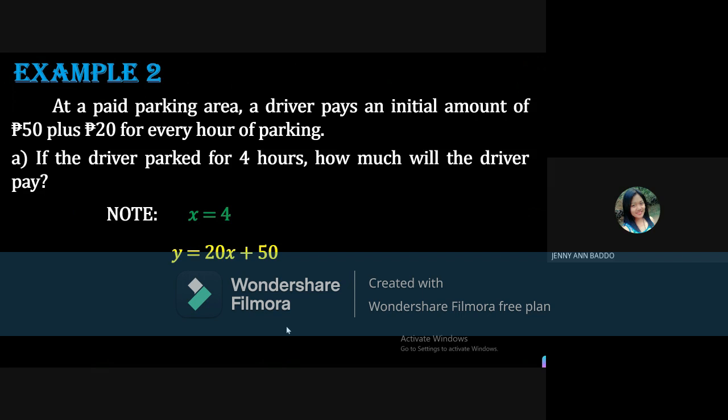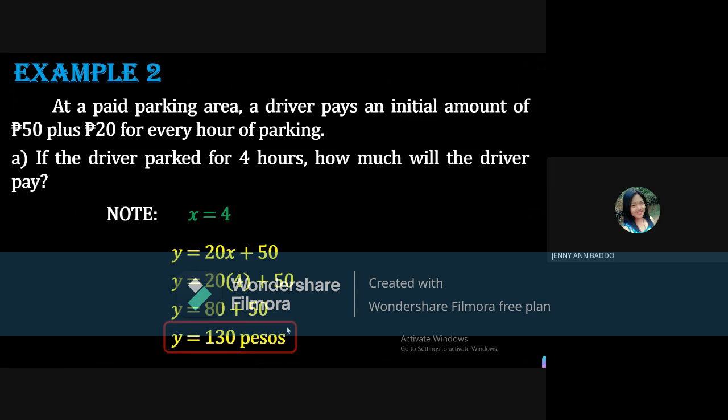By substitution, we now have 20 times 4 plus 50. And 20 times 4 is 80 plus 50 is 130. And of course, for the unit, we have pesos because the question is how much. So y equals 130 pesos. That means the driver will pay 130 pesos for parking for 4 hours.